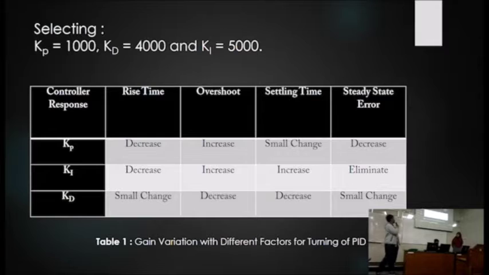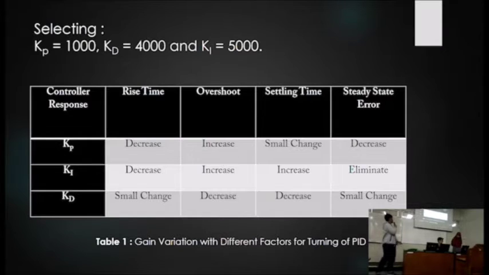Why? Because of the proportional gain from the system control. And for Ka, the rise time will be decreased and then the overshoot increased, and then settling time will be increased, and steady state error will be eliminated because of the integral gain, there will be no steady state error because it will be 0.